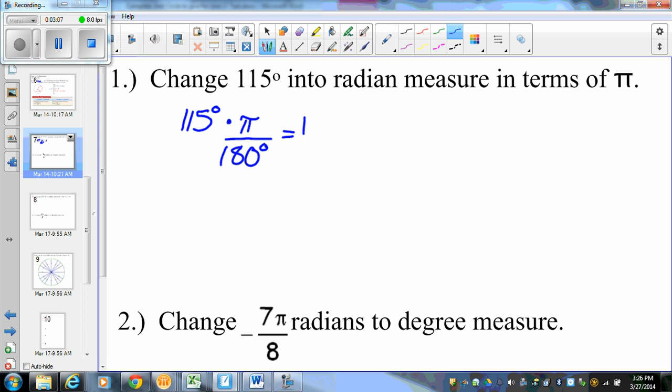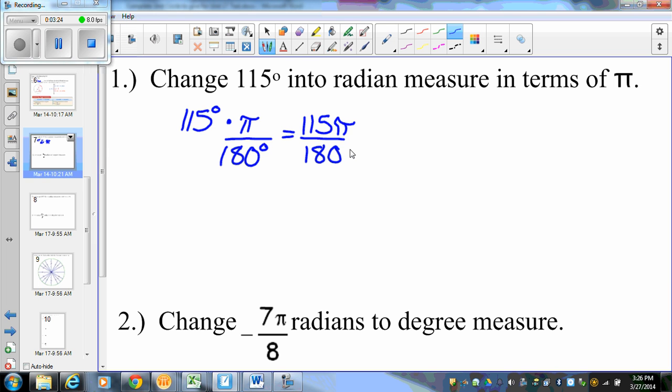So that fraction becomes 115 pi over 180. That is now the radian measurement. The only thing we want to do at this point is simplify that fraction. You don't want to type pi into your calculator when you're trying to simplify it.